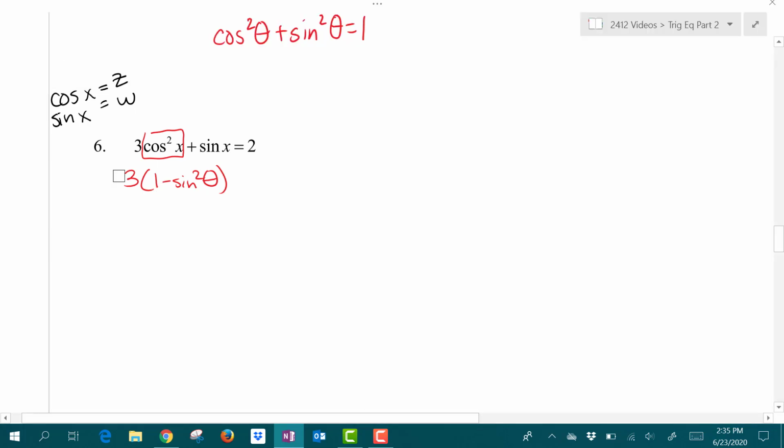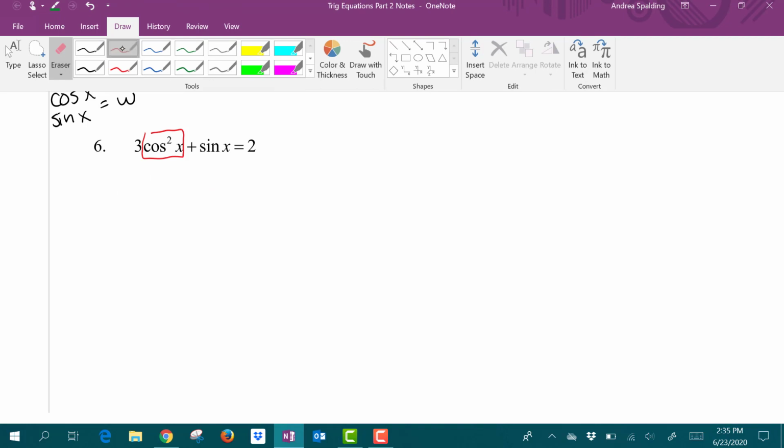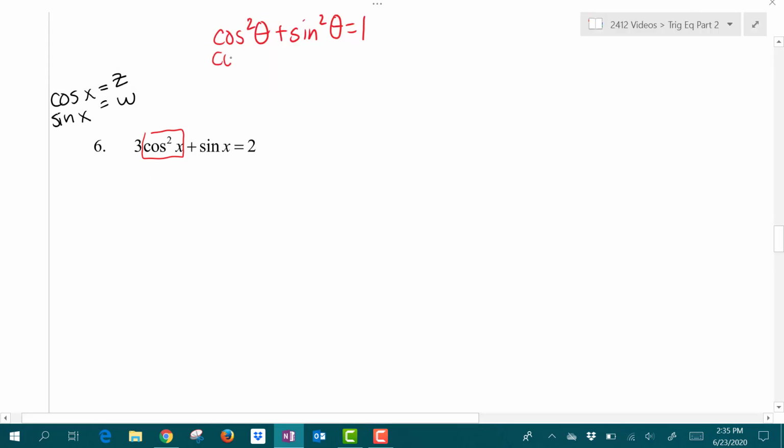So here's what I'm going to do before I even do any rewriting and replacement. I'm going to rewrite this as cosine squared x and sine squared x. So I'm going to use x as the variable throughout that Pythagorean identity. Now what do we want to do? We want to replace cosine squared x with something that it's equivalent to.